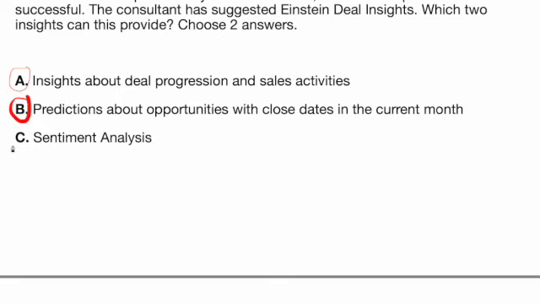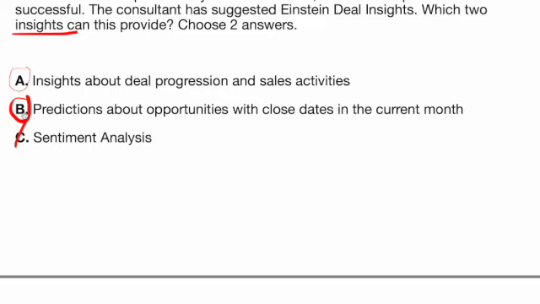So my guess is that Einstein Deal Insights probably uses sentiment analysis to power it. So sentiment analysis probably is a tool that powers Einstein Deal Insights, but sentiment analysis is not an insight itself. It's probably just a tool that's used to support the system. So I'm going to eliminate that. And like we know, we need 2 answers, and so we already have A and B.